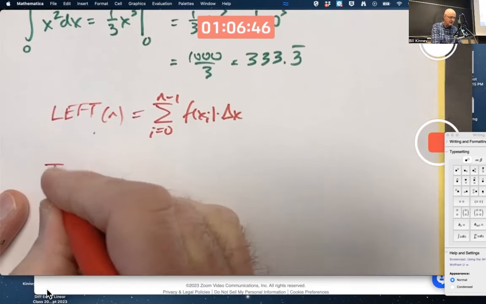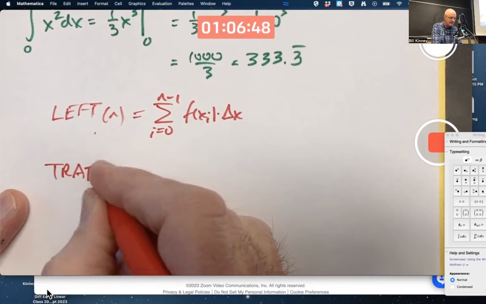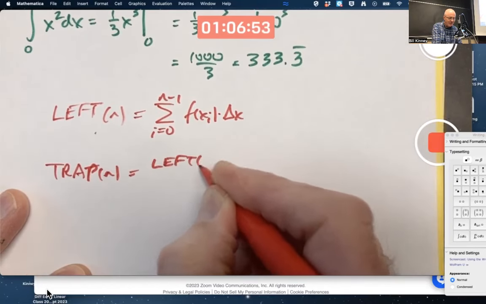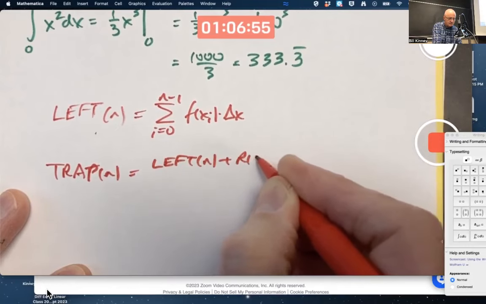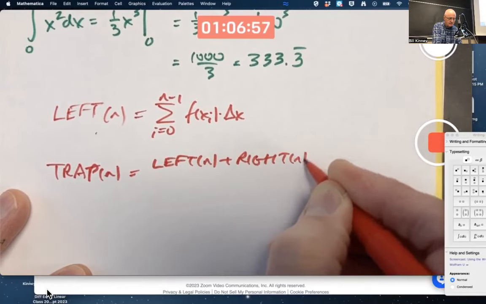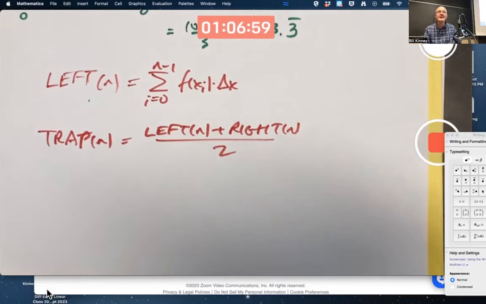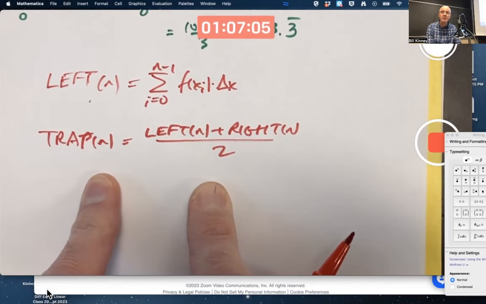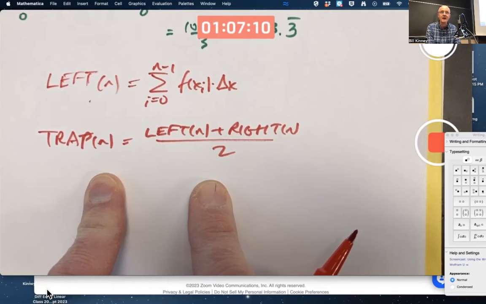I could have done a trapezoid sum as well. I could have taken the left and right-hand sums and averaged them. For any fixed value of n, you're averaging the left and right-hand sums. This is probably a better approximation to the integral for any fixed value of n.